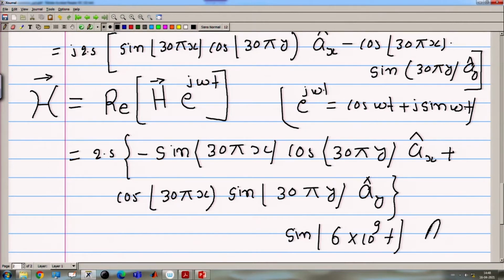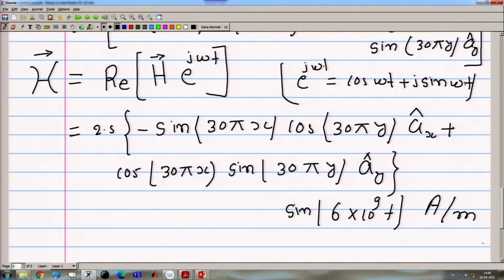So, this is in ampere per meter. This is the instantaneous magnetic field component, and here omega will be 6 into 10 to the power 9.